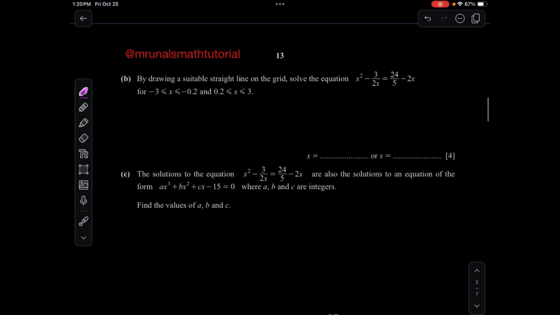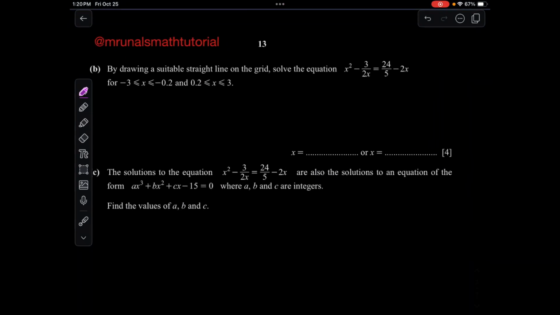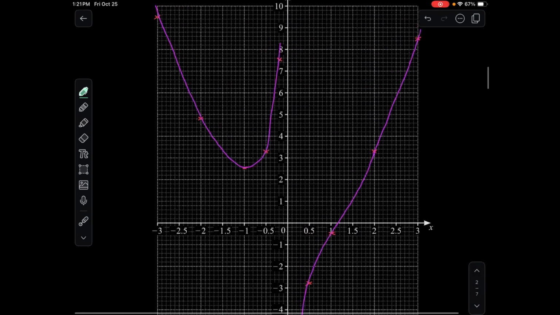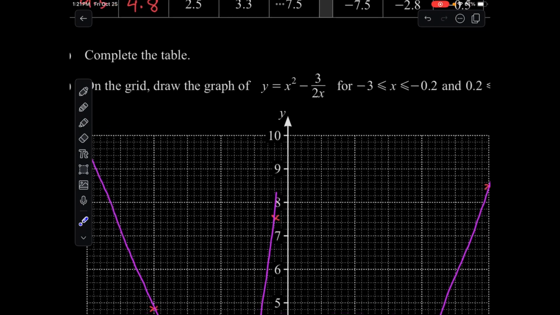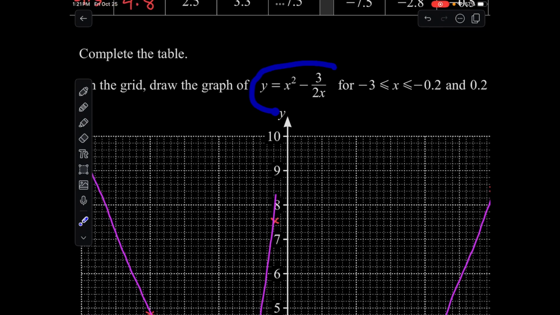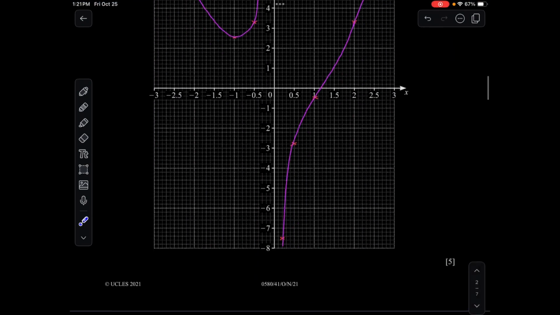Let's go on to the next part over here. What do we have? We need to draw a suitable line on the grid to solve x square minus 3 over 2x equal to 24 over 5 minus 2x. Now if you look at the question here, part A, we have y is equal to x square minus 3 over 2x.